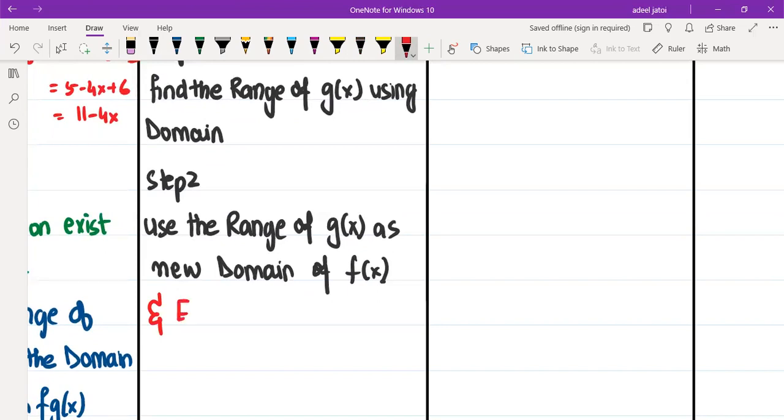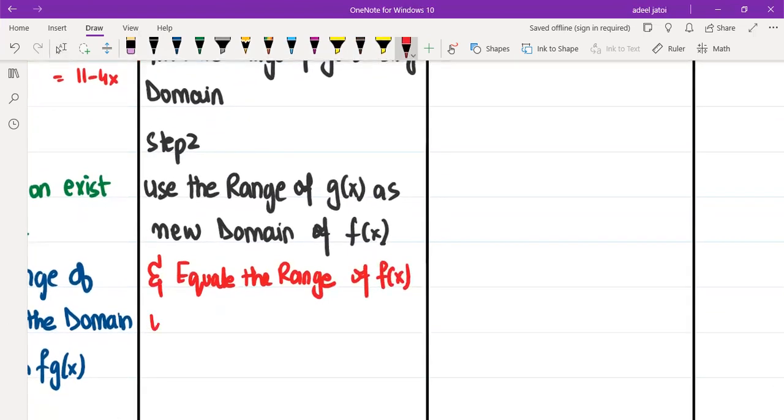Now equate the range of f(x) under its new domain, which means when we use the range of g(x) as a new domain of f(x), and then the new domain of f(x) is substituted in f(x), you get what?